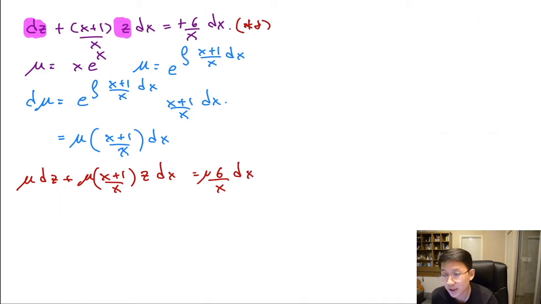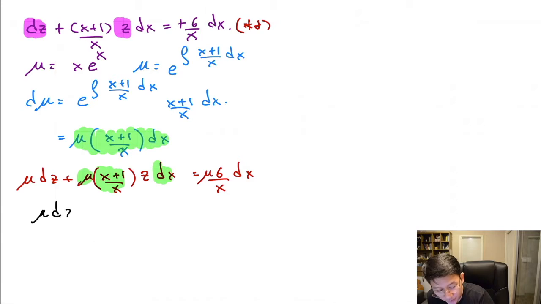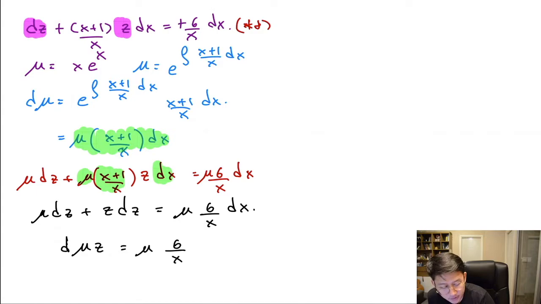And again, as what we did before, mu (x plus 1) divided by x dx is actually d mu. So what we have is mu dz plus z d mu, which equals mu 6 divided by x dx, and that is d of mu z equals mu 6 divided by x dx.